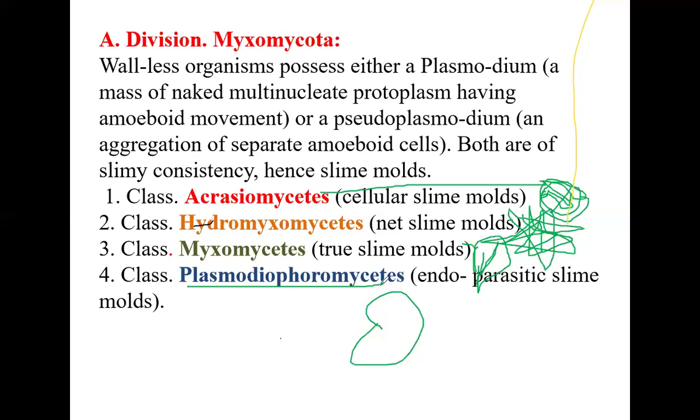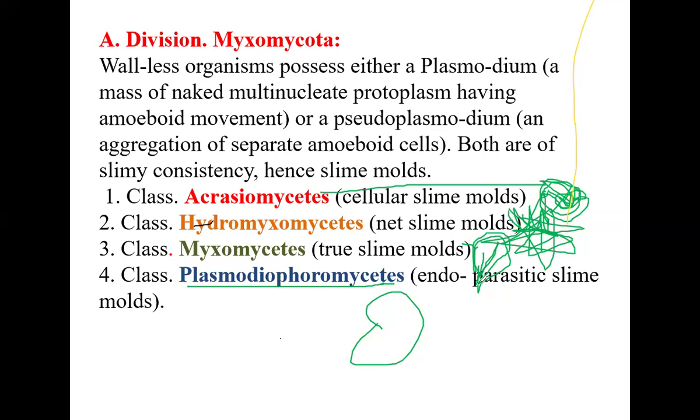BJET. Okay. You see, what are the differences in the Myxomycota? If the cellular structure mold, that are Acrasiomycetes. If the network-like molds, that are Hydromyxomycetes. And true slime molds are like a plasmodium, that are Myxomycetes.